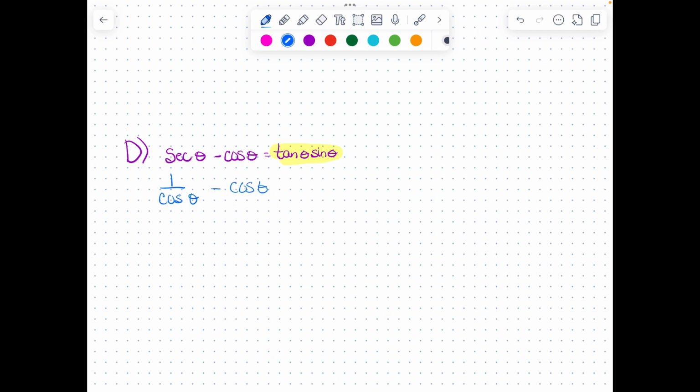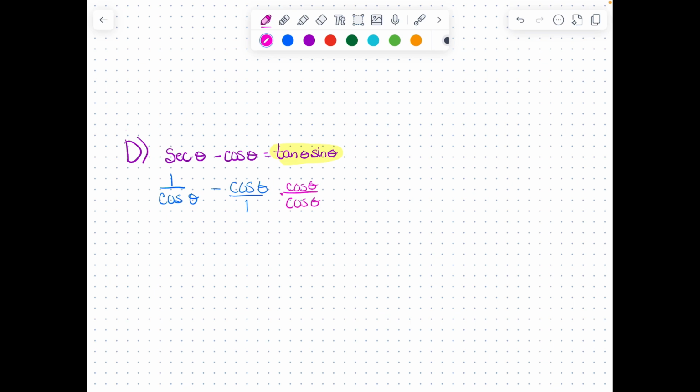Now, I want to be able to combine these, and I can write this as a fraction, and they're subtracting, and they're fractions, but they have unlike denominators. So I need to get common denominators. So I'm going to multiply this by cosine of theta over cosine of theta. So I'm just multiplying times 1, our property there.